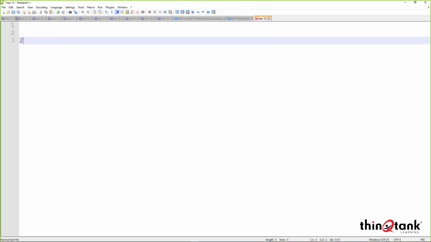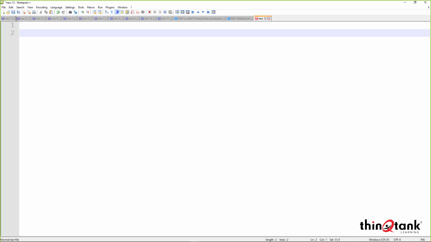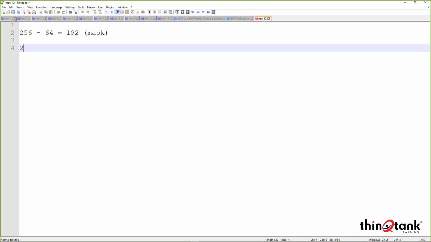256 minus 64 is what? Well, actually, let's do it this way. A block of 64, now we could do it that way. 256 minus 64, what is that value? 192, right? Which basically means that's the mask portion. That's what my mask becomes in the 4th octet.